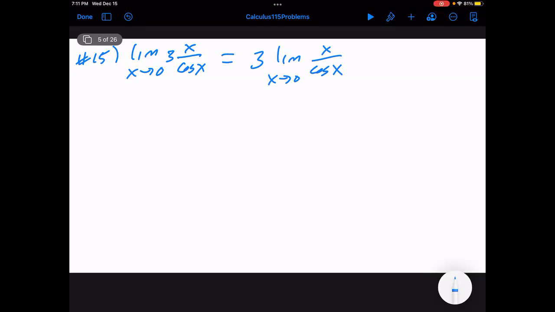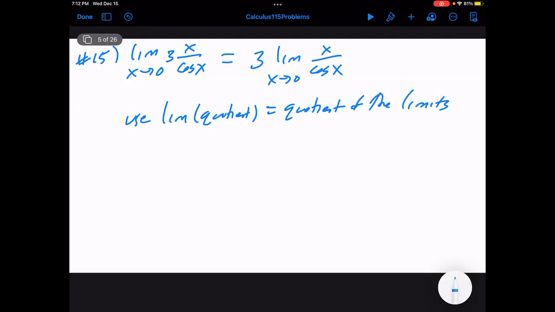We can just pull out the 3. Now, we want to use the limit of a quotient, the quotient of the limits. What do we have to be careful about with the denominator? When cosine is 0. Right, we need the denominator not to be 0. Is the denominator going to be 0 as x goes to 0?